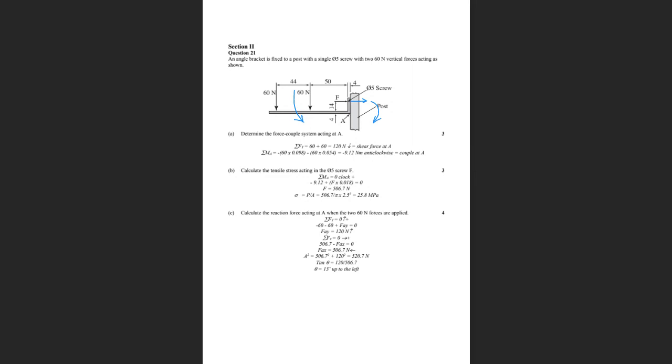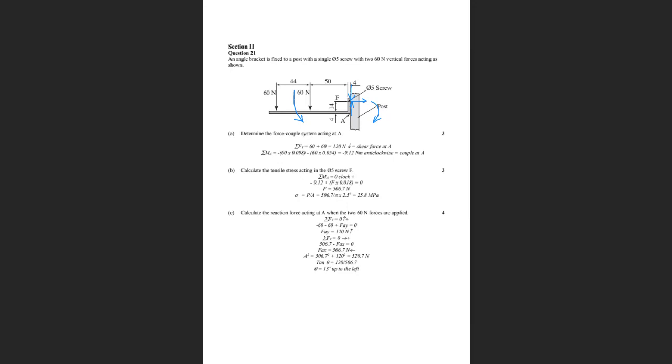And so the first question, A, determine the force couple system acting at A. Now the force that is acting at A is a force which is trying to shear. This is the reactive force there, but the 260 Newton forces added together give 120 Newtons trying to shear that force.